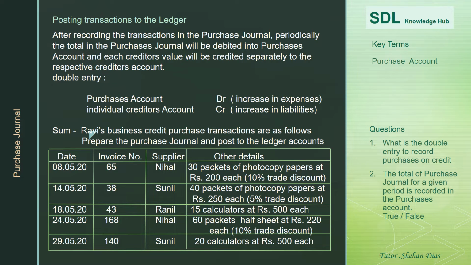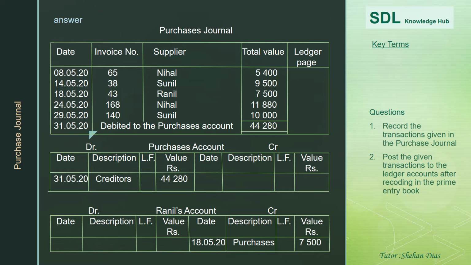So let's look at a sum and see how transactions are recorded in the purchase journal and then posted to the ledger accounts. First transaction, from supplier Nihal, 30 packets of photocopy papers at 200 each with a 10% trade discount.